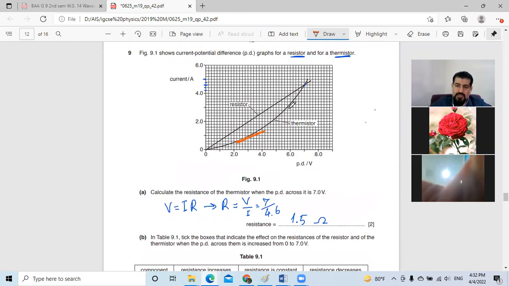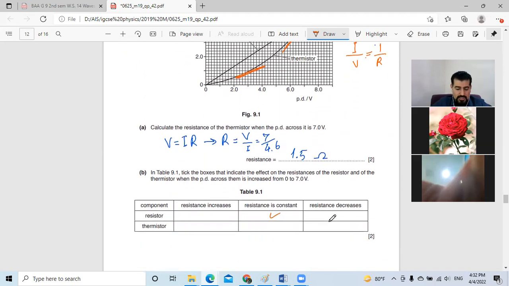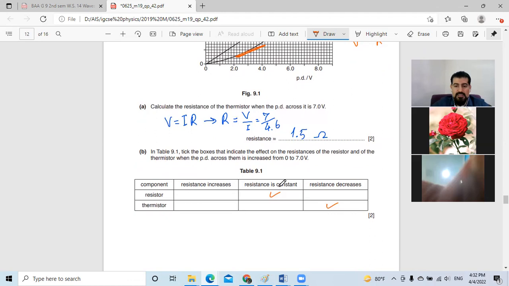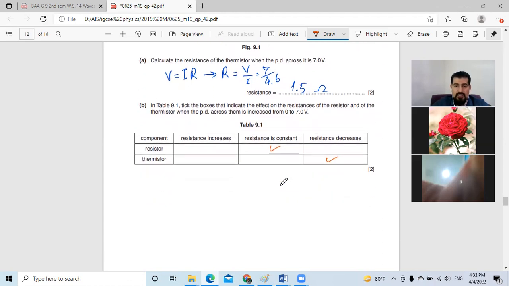The gradient of this curve is different and it increases. Since the gradient is I over V, which is 1 over R, whenever the gradient is more, the resistance decreases. So this is for the thermistor. As we know, as the temperature increases, the resistance of the thermistor decreases. Any question here? Is it clear?